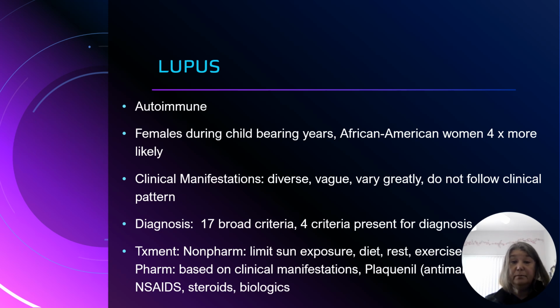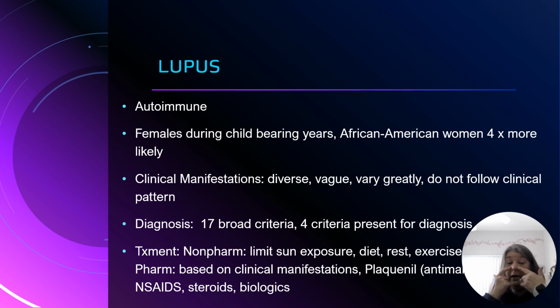Diagnosis. The Systemic Lupus International Collaborating Clinic revised and validated the classification criteria to aid in diagnosis. So this organization identified 17 broad criteria that align with the clinical manifestations with specific definitions, some clinical and some immunological. The clinical criteria include skin rashes, such as the lupus malar rash.